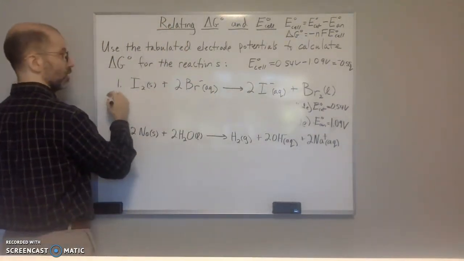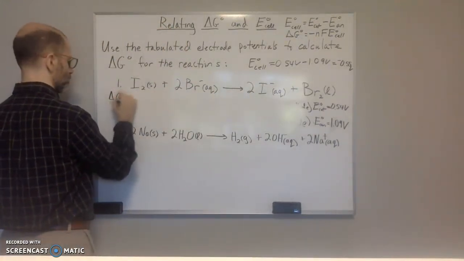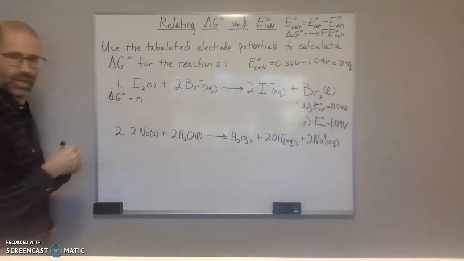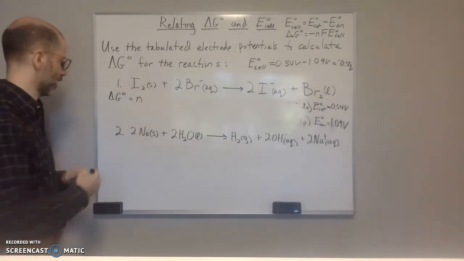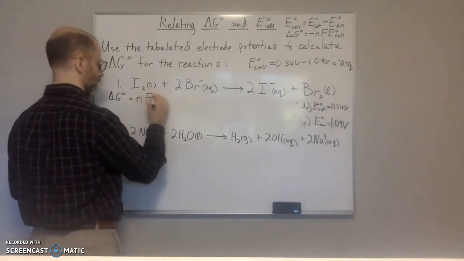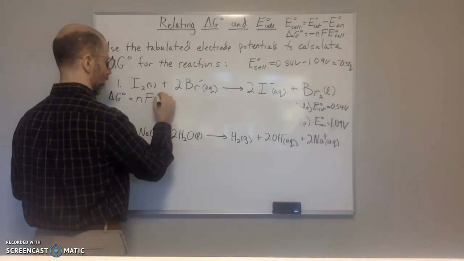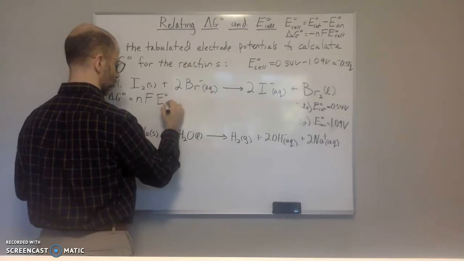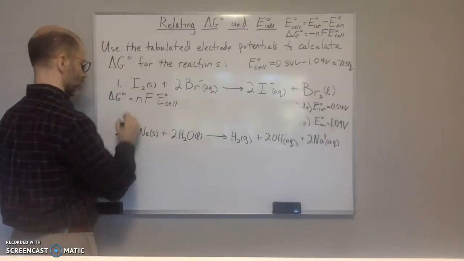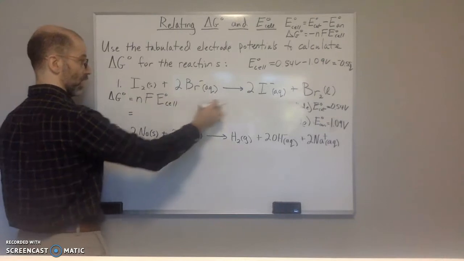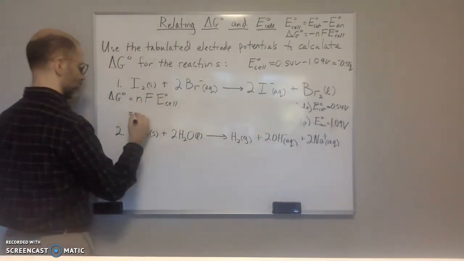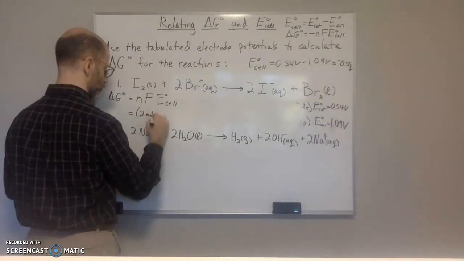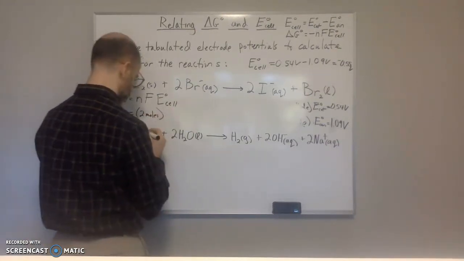The standard Gibbs free energy, delta G, is equal to n, the number of moles of electrons that are being transferred, times Faraday's constant, multiplied by the standard electrochemical potential of the cell. This is going to be 2 electrons. We're transferring 2 electrons, so that's going to be 2 moles.